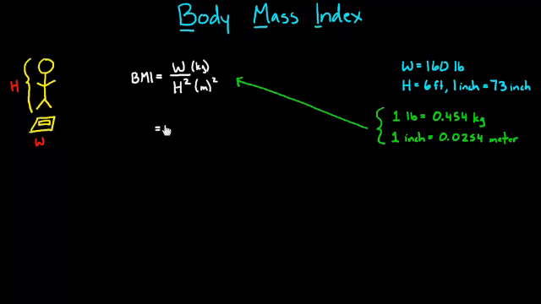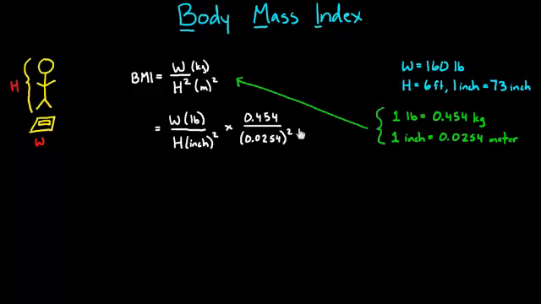So I could say, okay, now how about weight in pounds and height in inches squared, and I have to multiply, right? Because I have to multiply by the conversion. And so I'll multiply by 0.454 divided by 0.0254 squared.